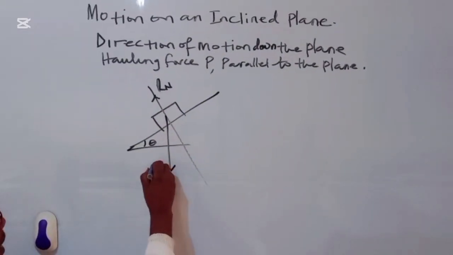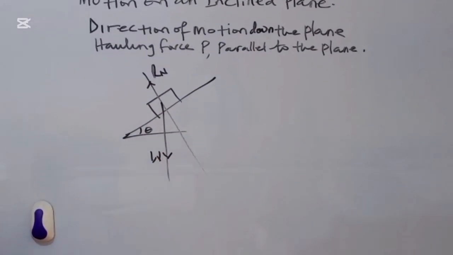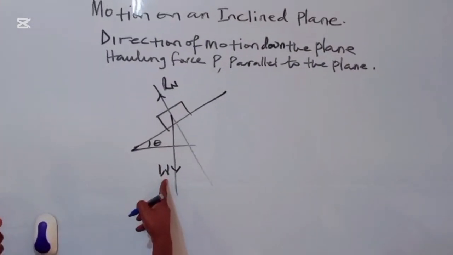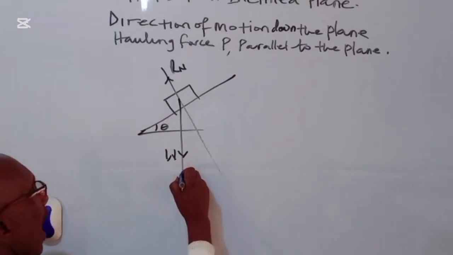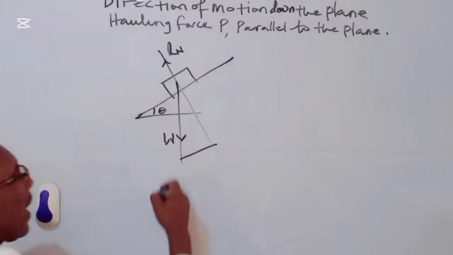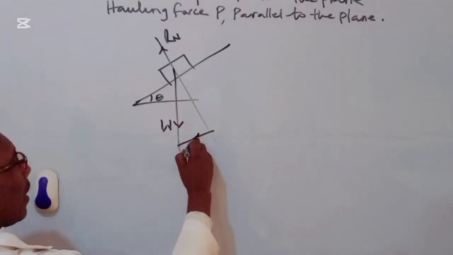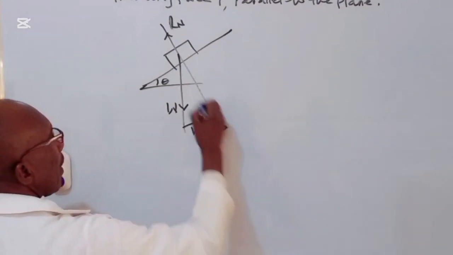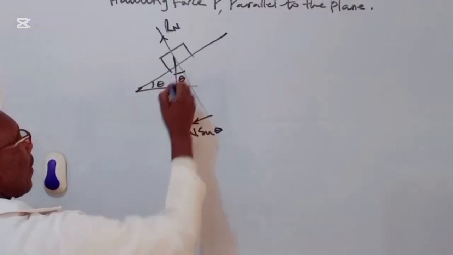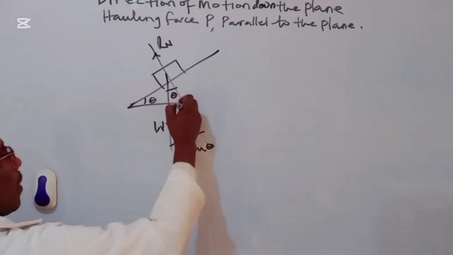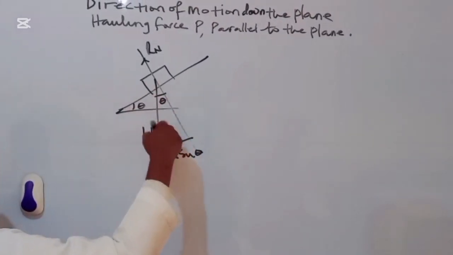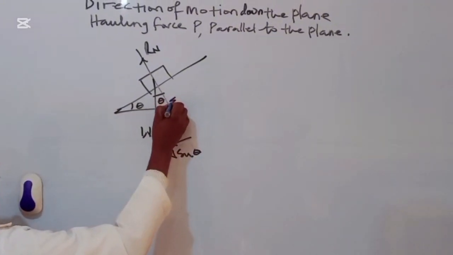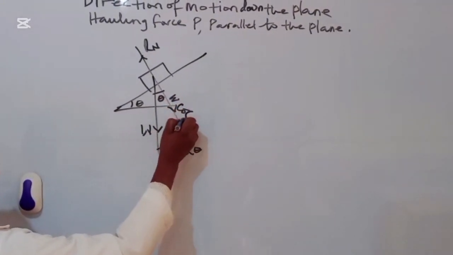Let's call this weight W. Now if I resolve the component of this weight into two component directions, I will have the one parallel to the plane as W sin theta. Marking this angle is also theta. Now, the component of the weight acting perpendicular to the plane will be W cos theta.